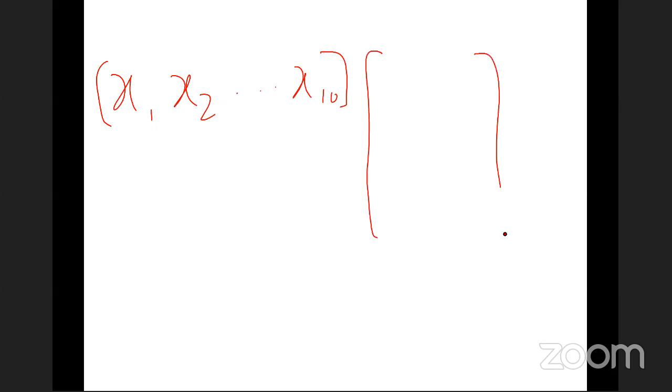So I had x1, x2, all the way up to x10, and this is my vector x. Okay, and I take only the first two components, u1 and u2, which is u11 all the way up to u10, and u21.